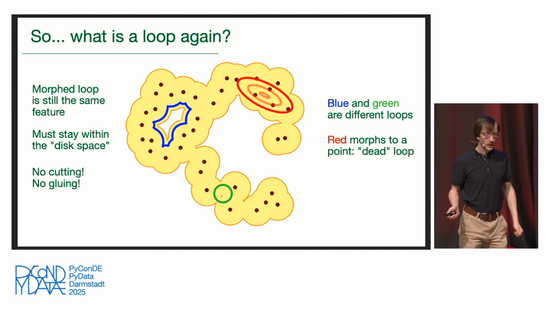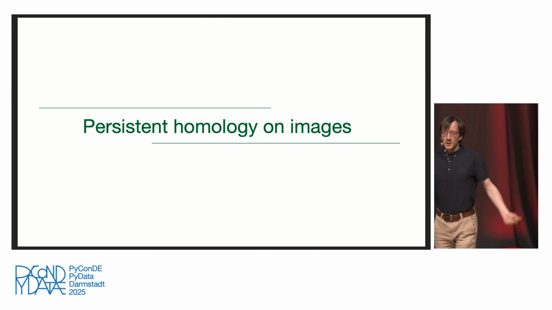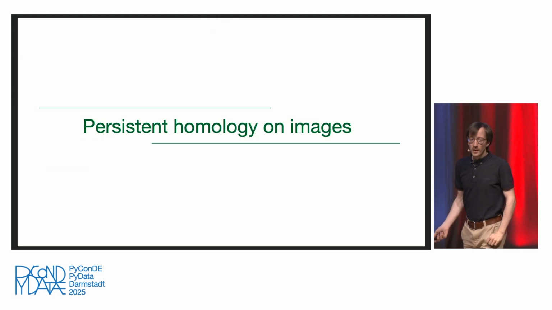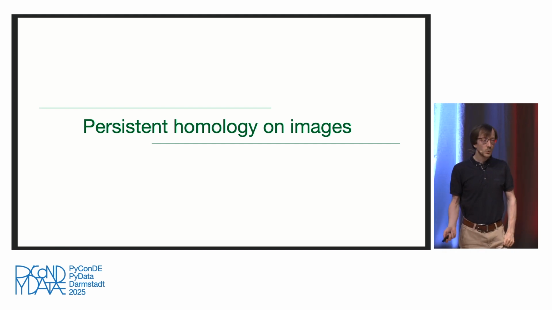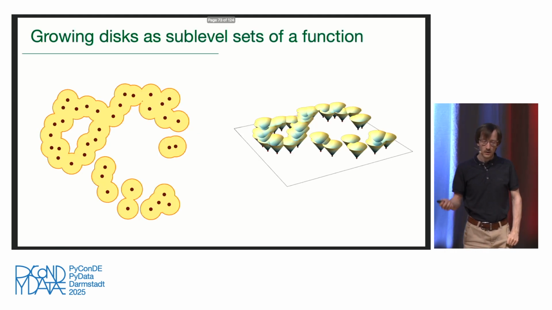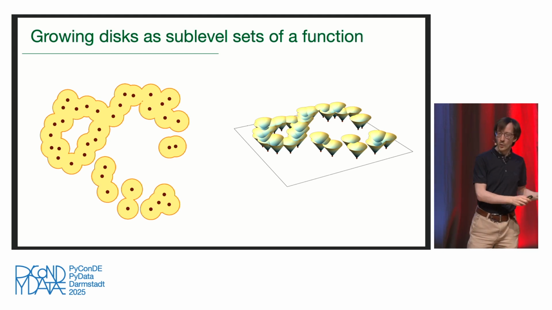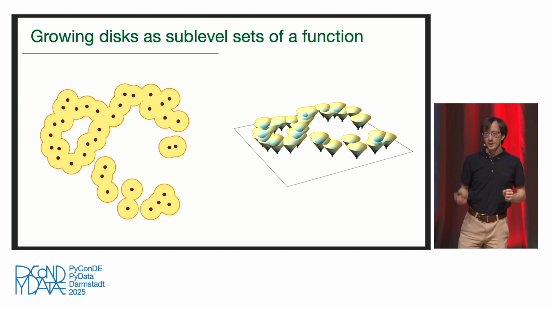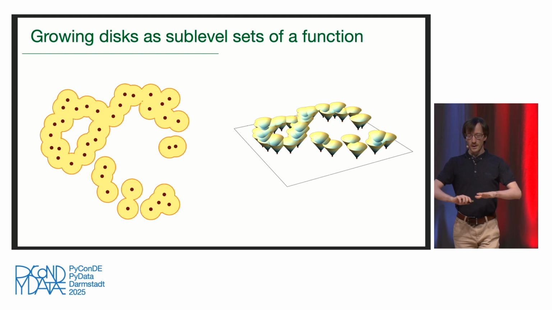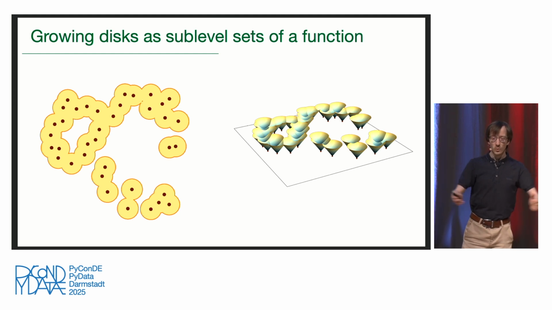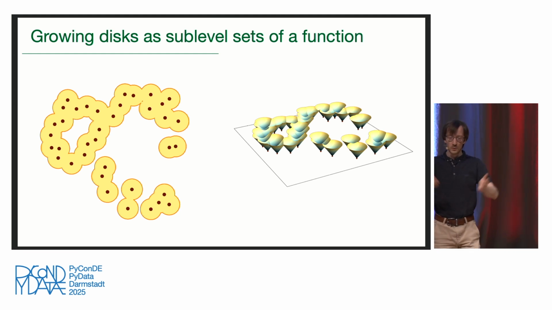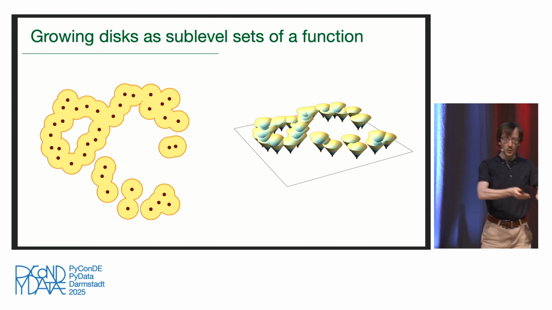Now, we had point clouds. How about images? Often we have raster images. We can do something similar. Still starting with the growing disks, we can change our perspective. You can imagine that you have a plane, and you have a function on this plane, which are cones going upwards from the points.